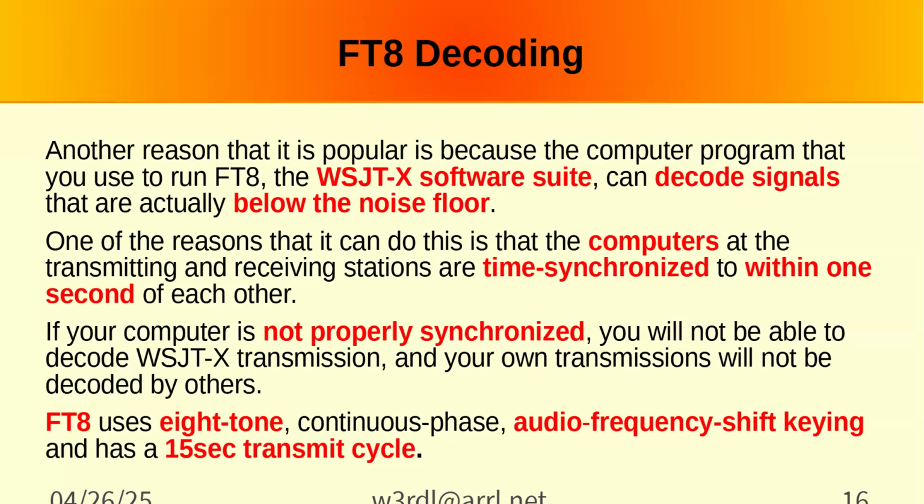It uses 8 tones of continuous phase, some kind of Gaussian stuff, with a 15-second transmit cycle and a 15-second receive cycle. So it takes 30 seconds to actually do a decode. And to do the full thing, you have to do at least 3 steps?